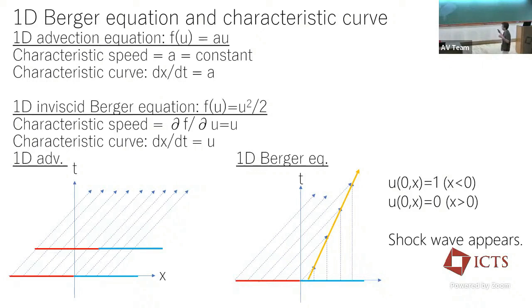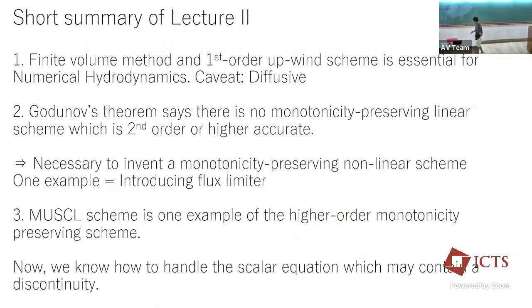So at some point, the two characteristics collide with each other. Then in this case, a shock wave appears. So this is the Burgers example, but as we have learned yesterday, in system equations like the Euler equations, sometimes this collision of characteristics happens, which makes a shock, right?